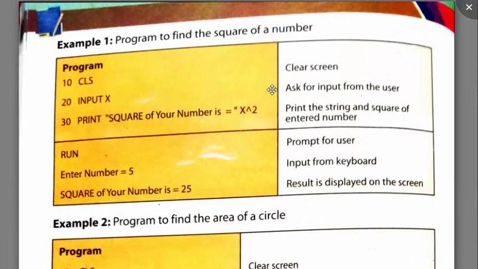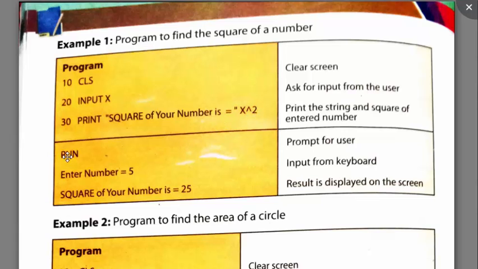Here is an example of the input statement. Example 1, program to find the square of a number. Line 10, CLS, which stands for clear screen. 20, input X, asks for input from the user. 30, print, in double quotation marks, "square of your number is", closed, then the power symbol that we studied at the start of this unit, and then 2.